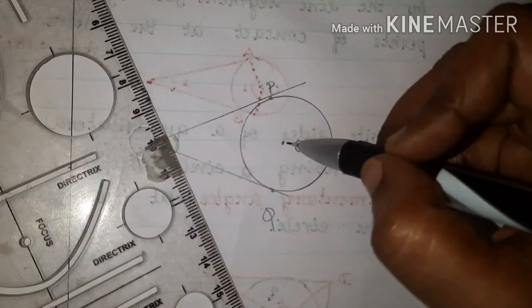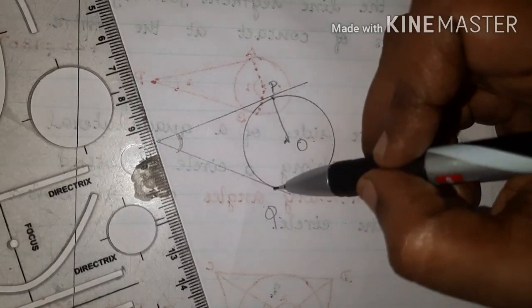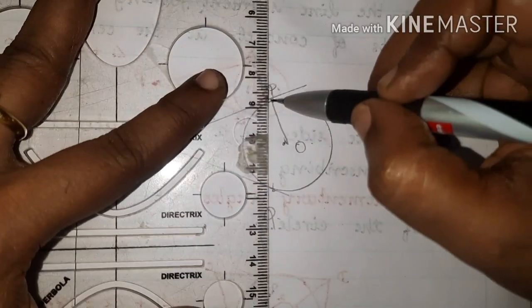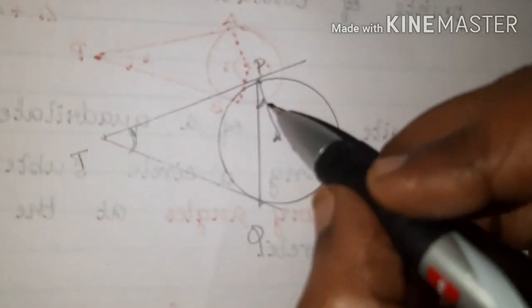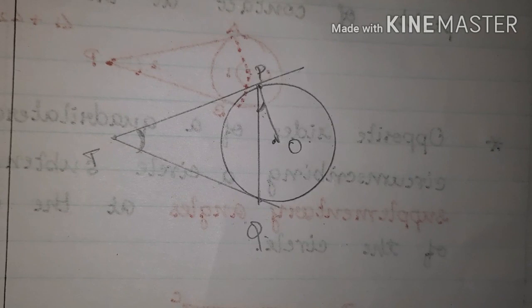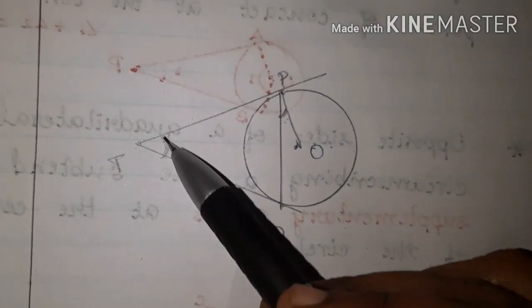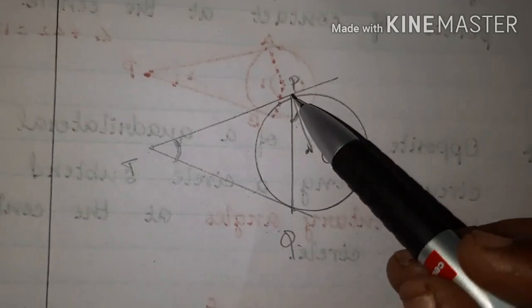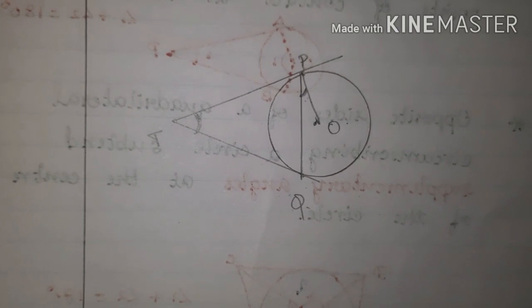So you join from the center to the point of contact and then join PQ using your scale. So this angle is 2 times this angle. This result you will be applying wherever needed. Got it, children? So the angle between the two tangents will be equal to 2 times angle OPQ. This is what we are going to prove.